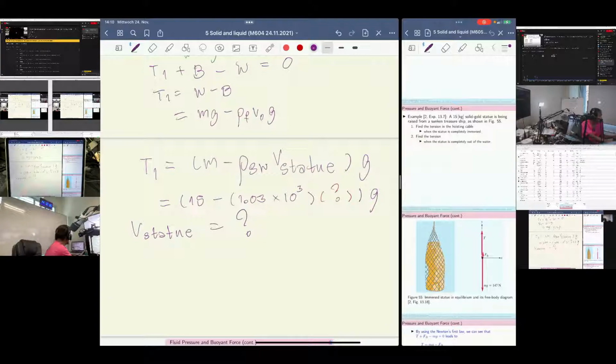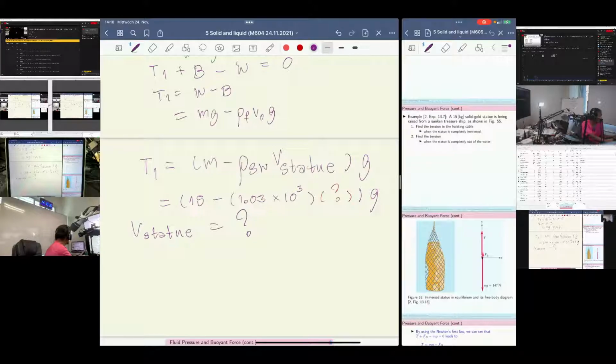It stays in the same condition. Let's go ahead with that. We're going to substitute this ratio into this expression, and we're going to get T1 right now.